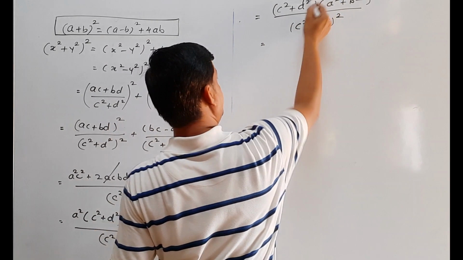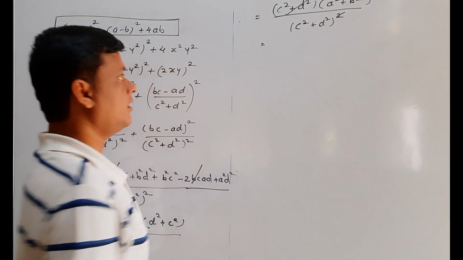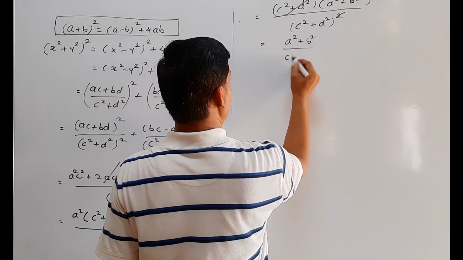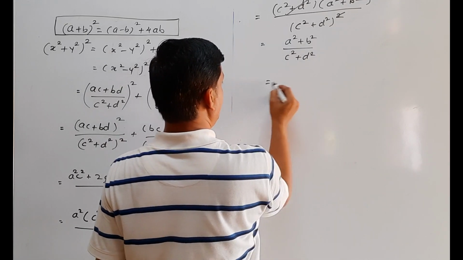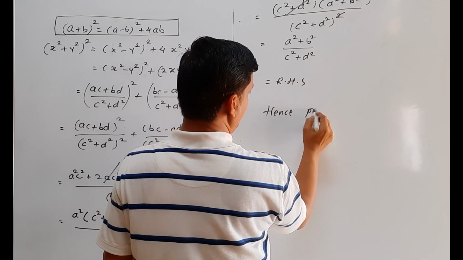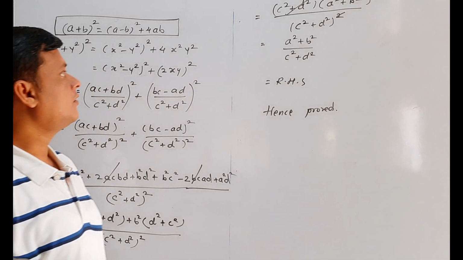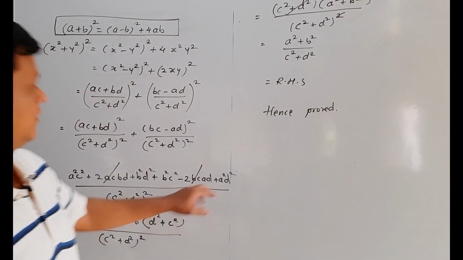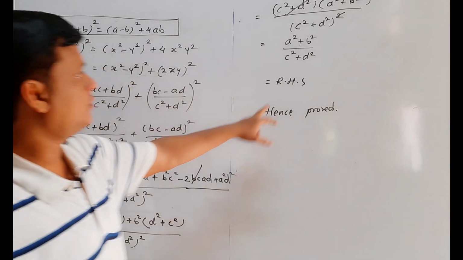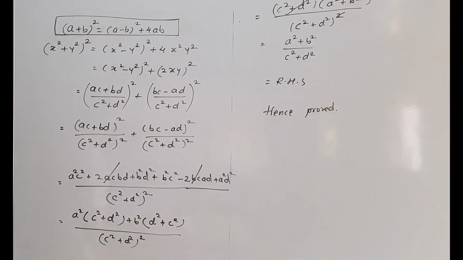So this c² + d² gets cancelled, and we get the value (a² + b²)/(c² + d²), which is the RHS. Hence proved, or hence show (x² + y²)² equals (a² + b²)/(c² + d²).